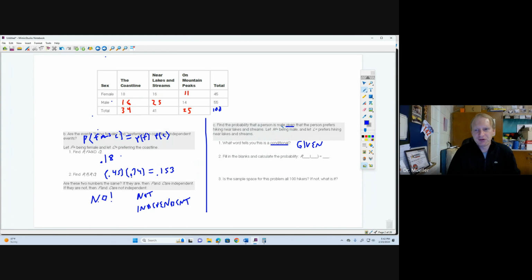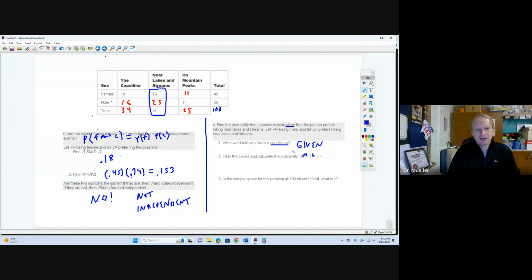So fill in the blanks of what we're looking for here. Find the probability that they're male, given that they prefer hiking. So find P of M given L. Remember, the given is after the bar. That's going to equal, and now we have to find that on the chart. So we focus on the given, the prefers hiking near lakes and streams, so we're focusing just on this right here.